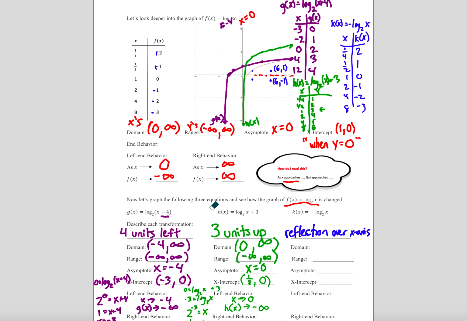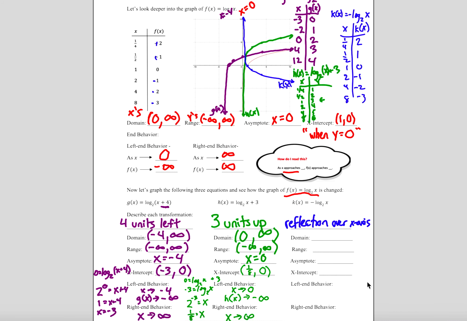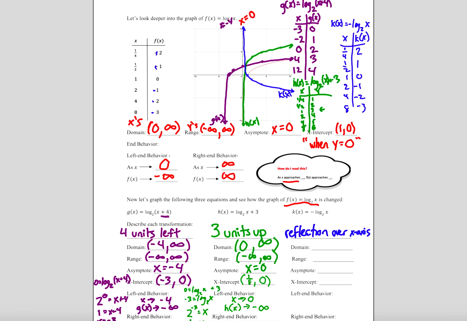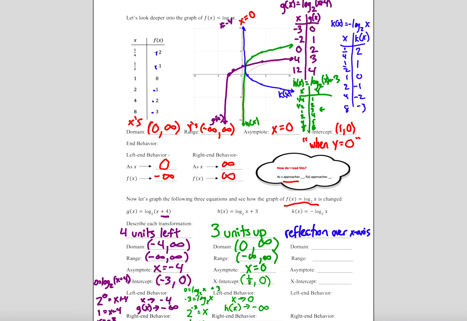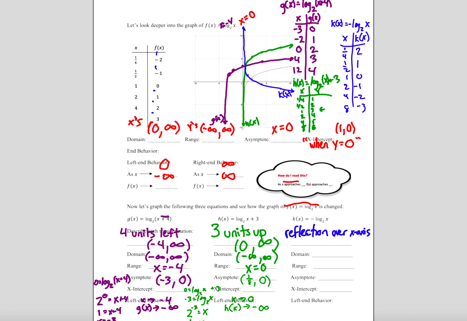So when I go to graph it, there's the graph of k of x if you plot all the points. Let's take a look at the domain, range, asymptote, end behaviors, and the x-intercept. The domain, although it's getting flipped over the x-axis, isn't changed at all. It's still 0 to infinity.